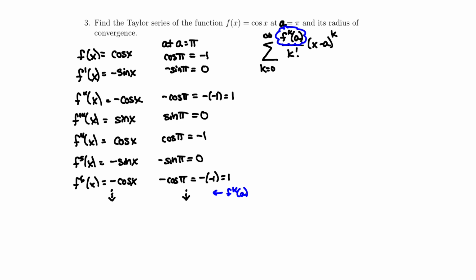So when you go to write out your series, it looks like you have a -1 on top, and then a 0 factorial, and then an x minus pi to the 0th.